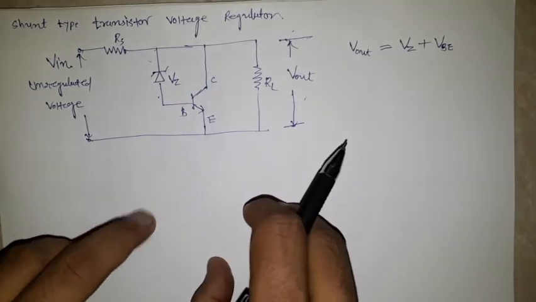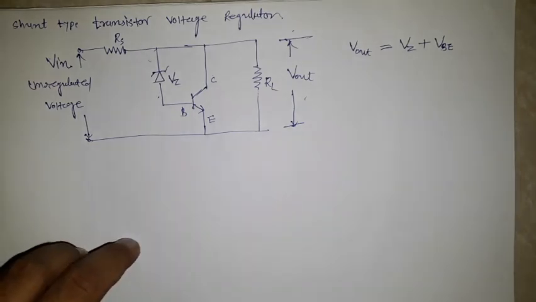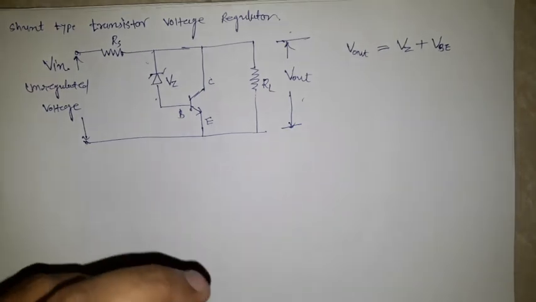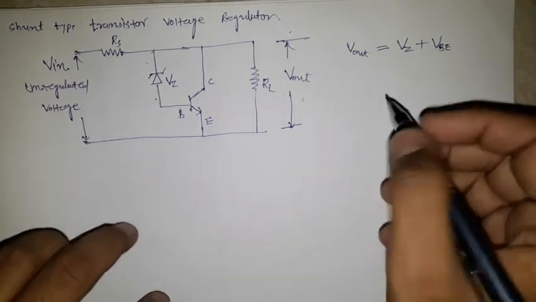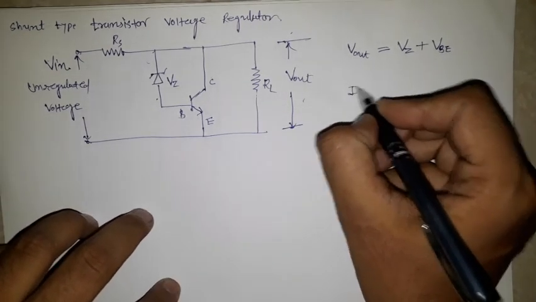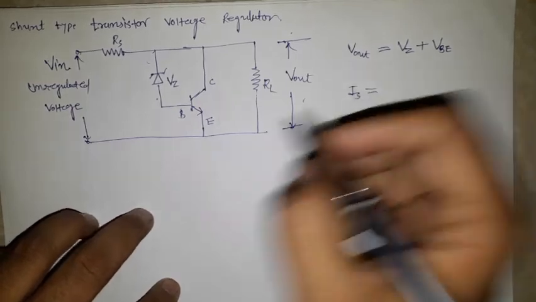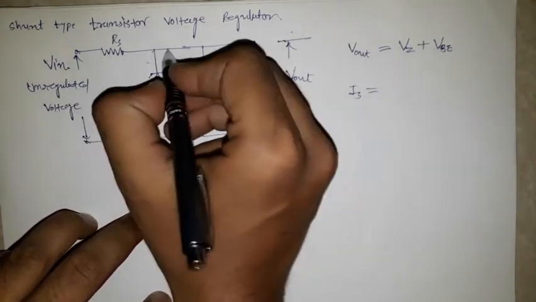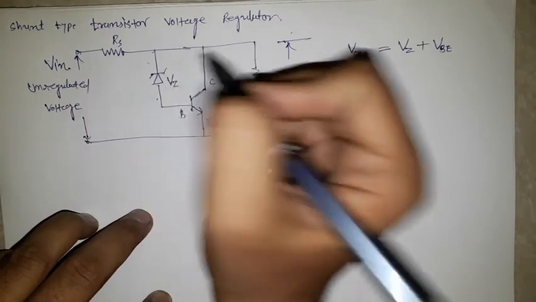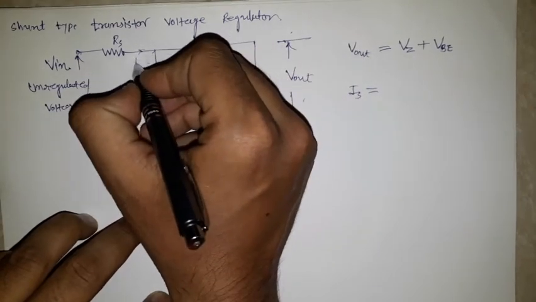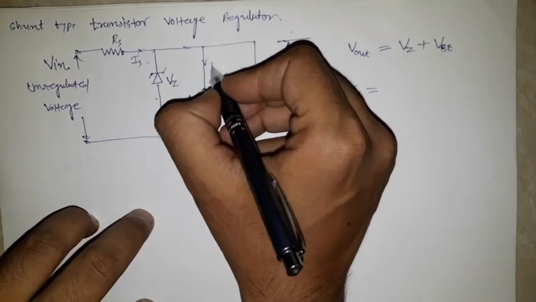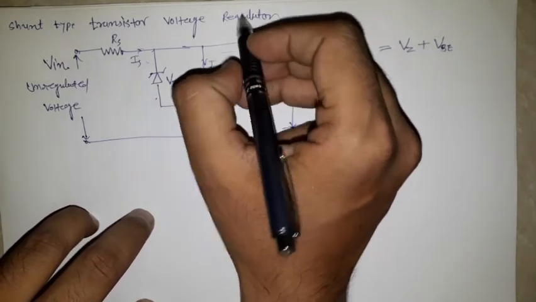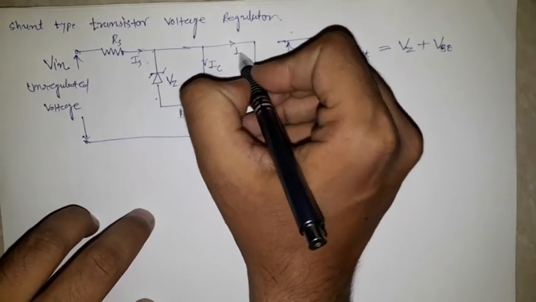Now, how can we find this series current IS? Here we can see this is the current IS. This is the collector current IC, and here we can see load current IL.